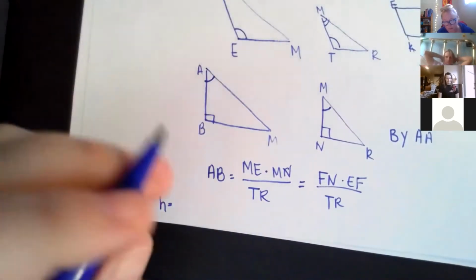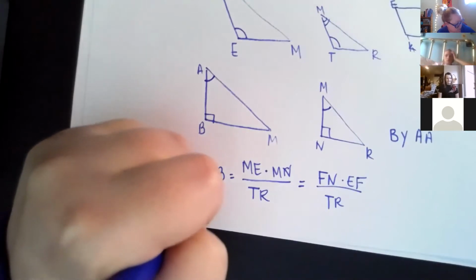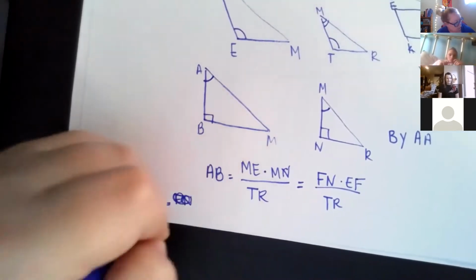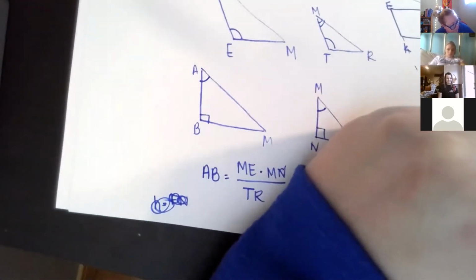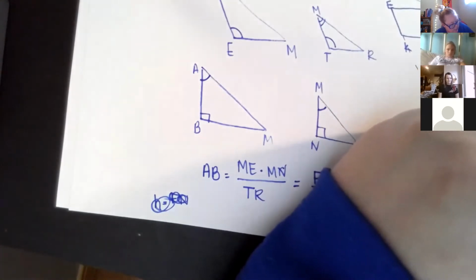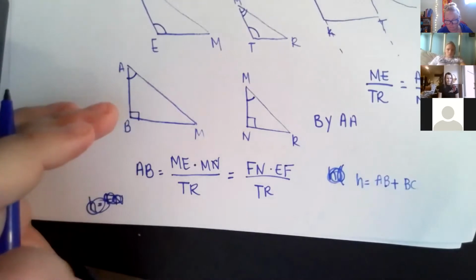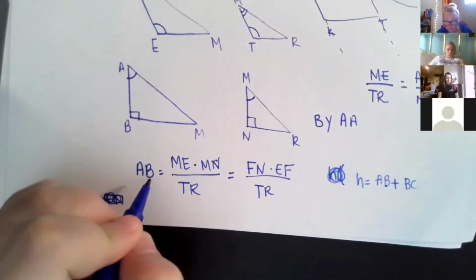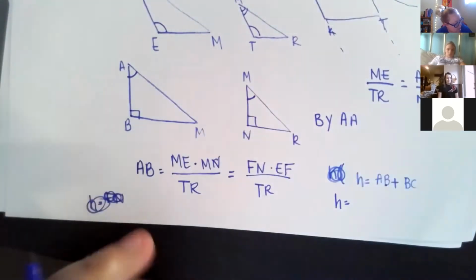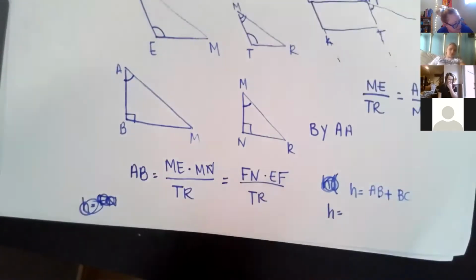We're trying to find H. H is going to be AB plus BC, right? That's just from our drawing. So H is going to be FN times EF, because AB is this piece.